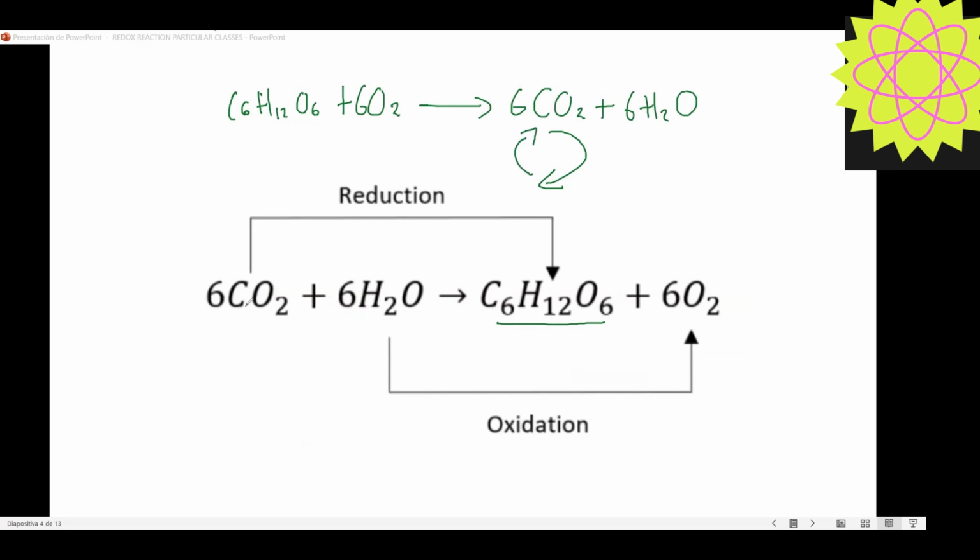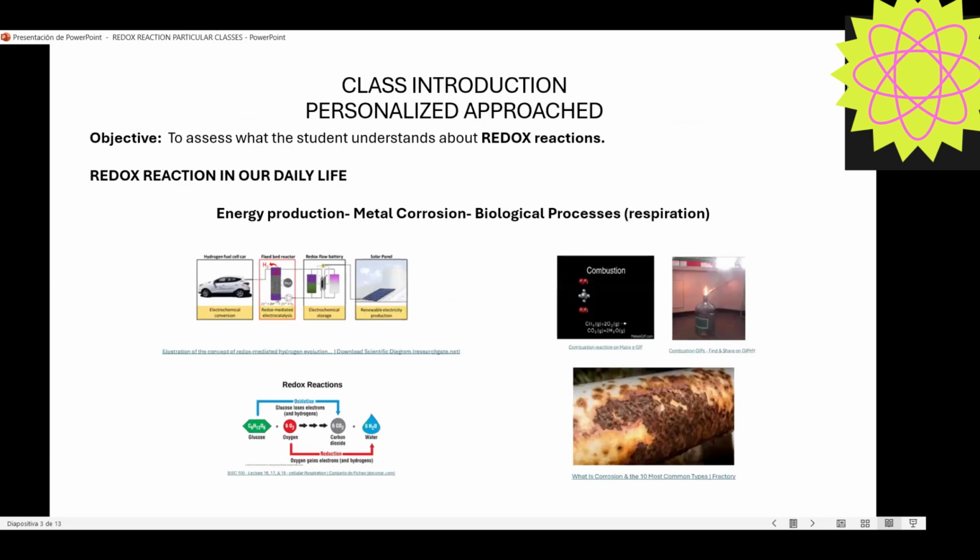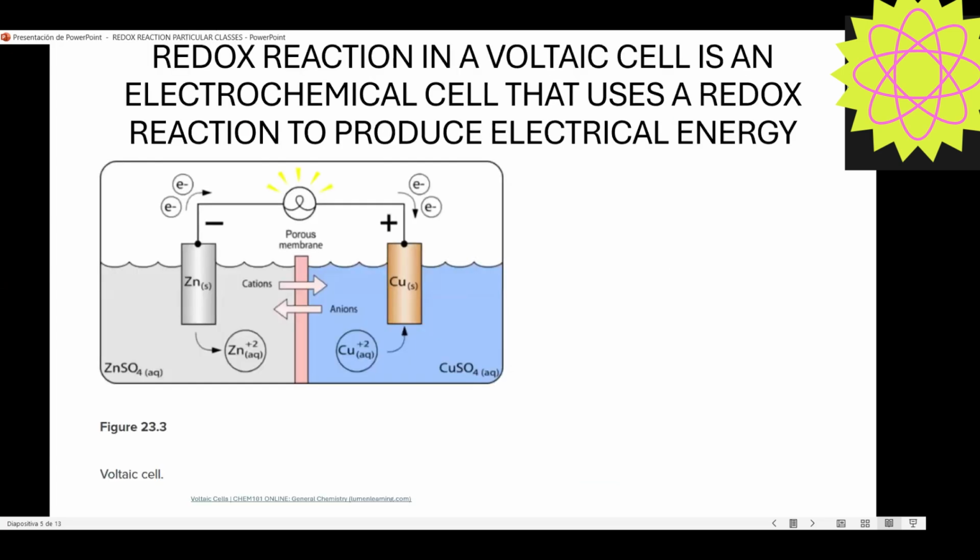So for example, the carbon dioxide is going to be reduced, right? And the water molecules are going to be oxidized, right? So, all right, that equation just shows you that we can represent this redox reaction this way.